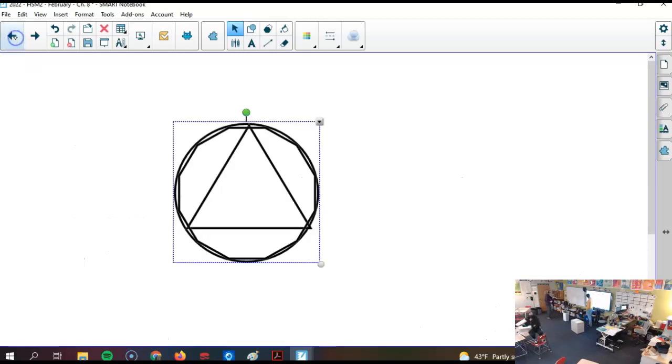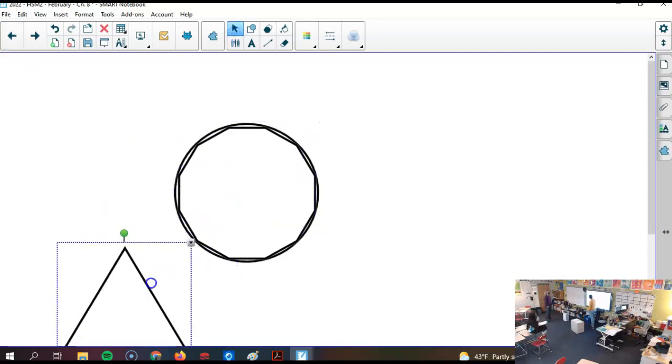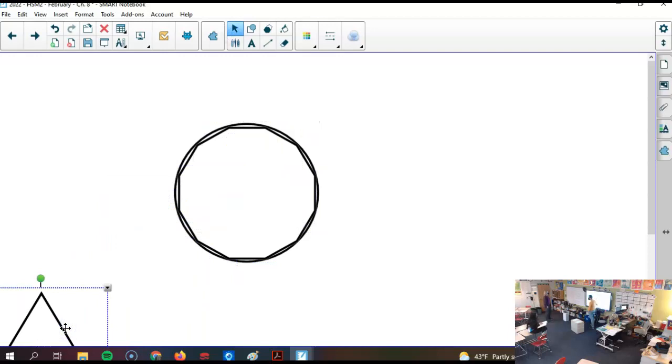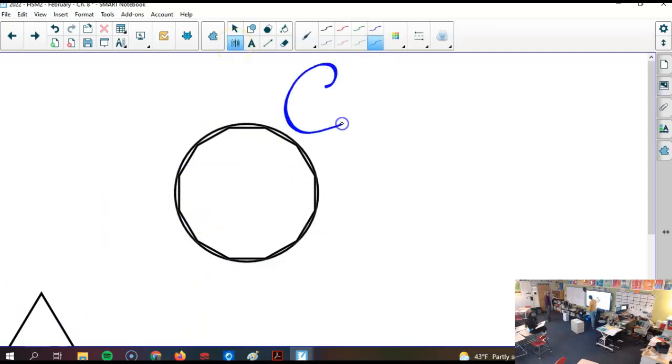Actually, this picture is perfect for us to talk about this. If I get rid of this triangle, this looks like a pie, right? In a way, because of the slices. Most pies have a crust at the bottom and around the edges. What is the crust made from?